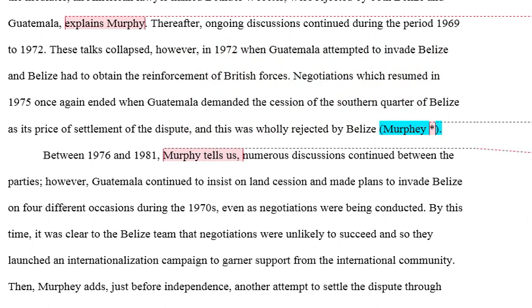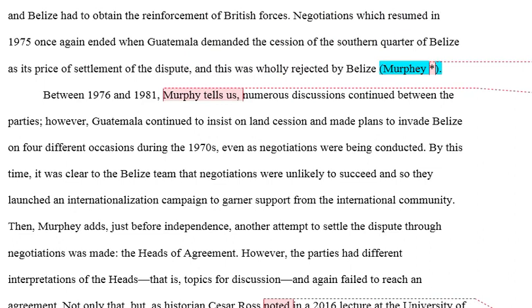So it's a good idea to vary not only your choice of attributive phrases, Murphy tells, Murphy explains, Murphy asserts, but also the location of the attributive phrases in the sentences to give your writing variety.